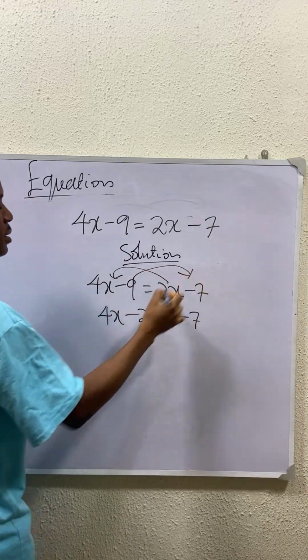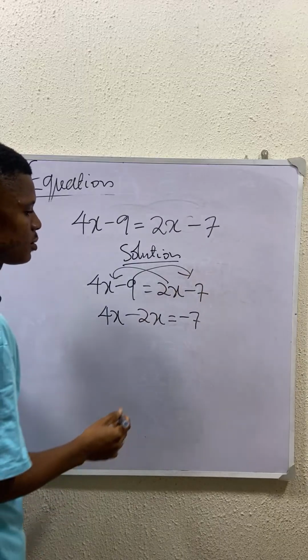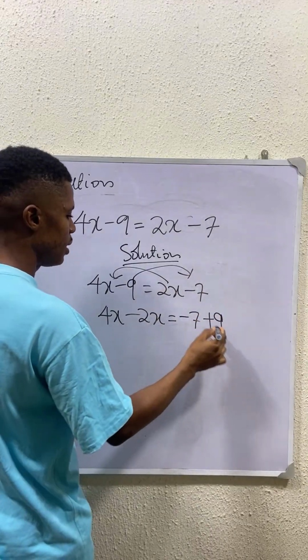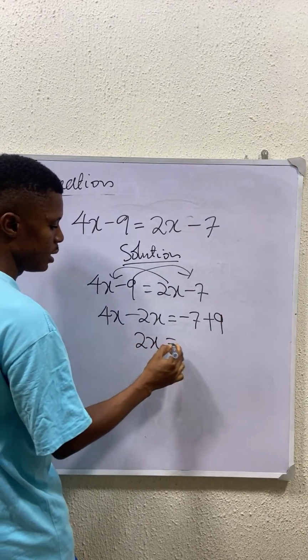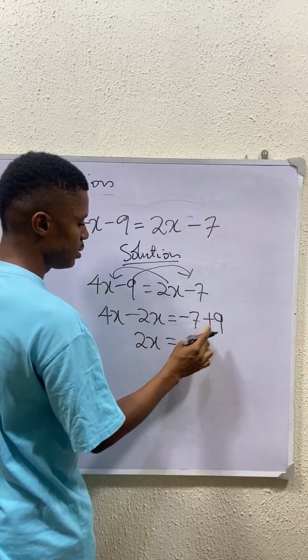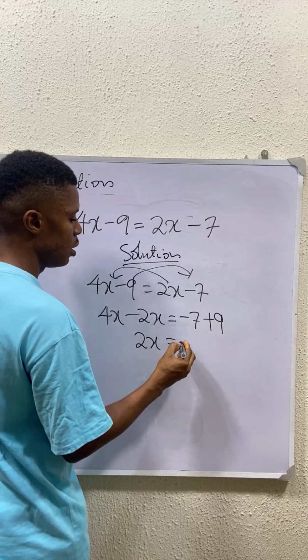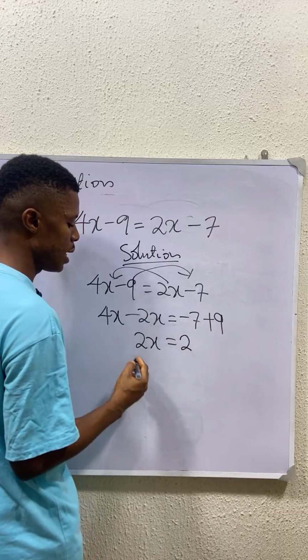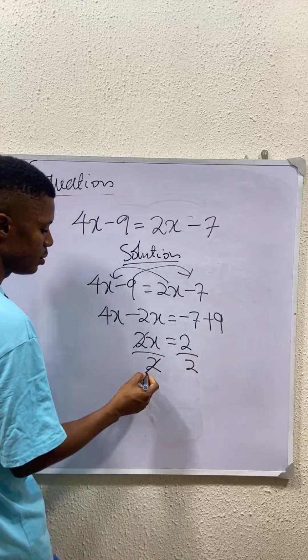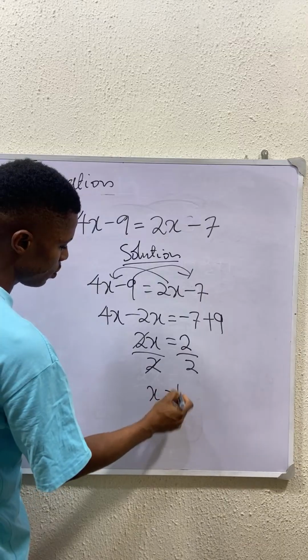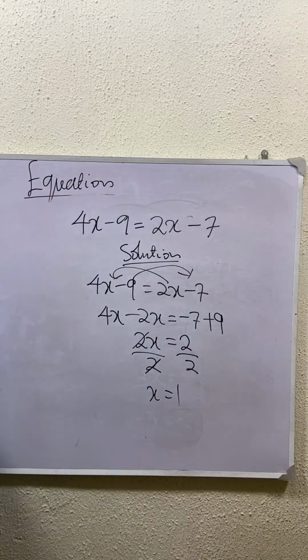Then minus 9 crossing the equality sign becomes plus 9. So 4x minus 2x is 2x, and that's equal to 2. To get x, divide by 2, divide by 2. Once you divide through by 2, x is equal to 1. So 1 is the only value of x that can satisfy the given equation.